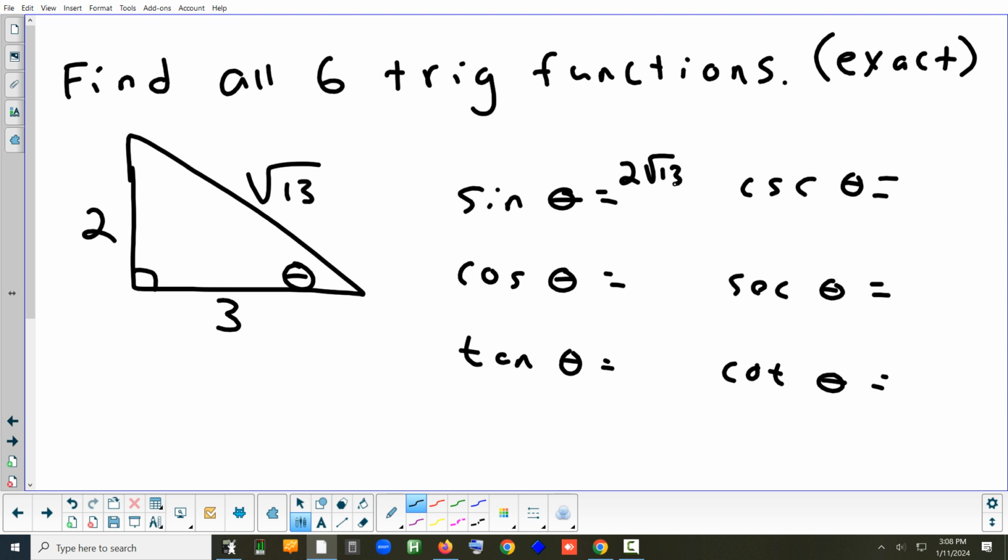We could start out with 2 over the square root of 13, but then we just have to fix it. So there's our sine. What about the cosine? 3 square root of 13 over 13. All right. And tangent?